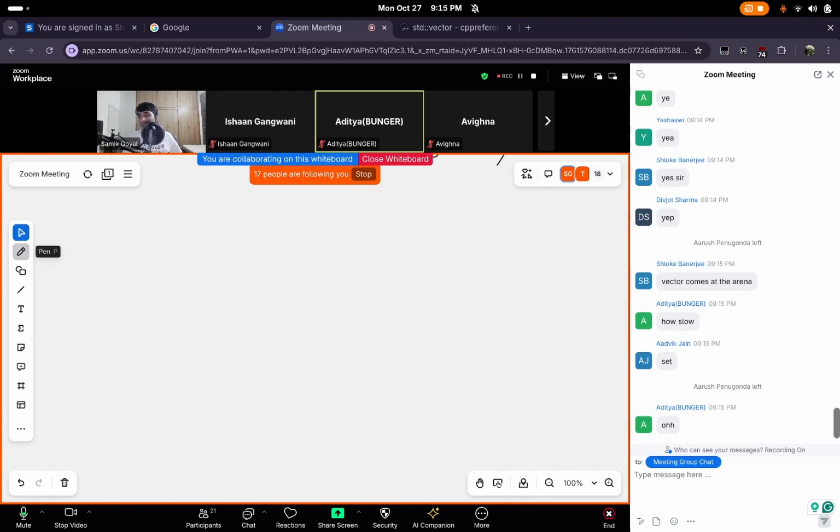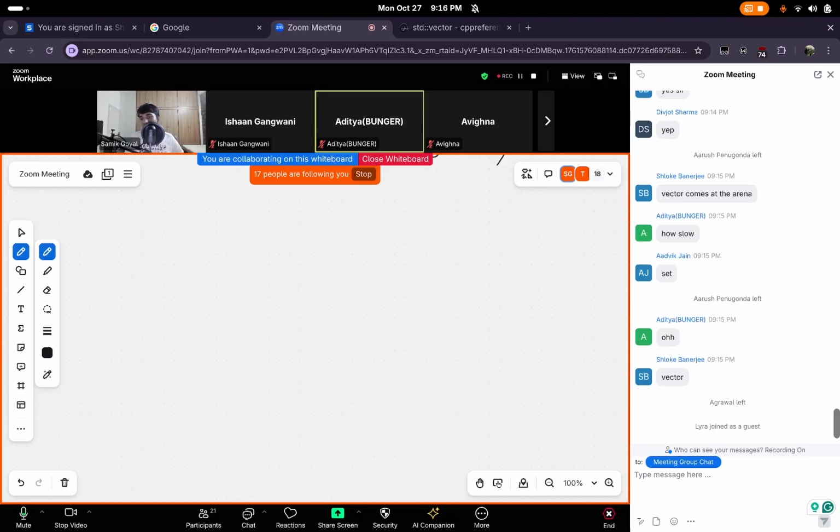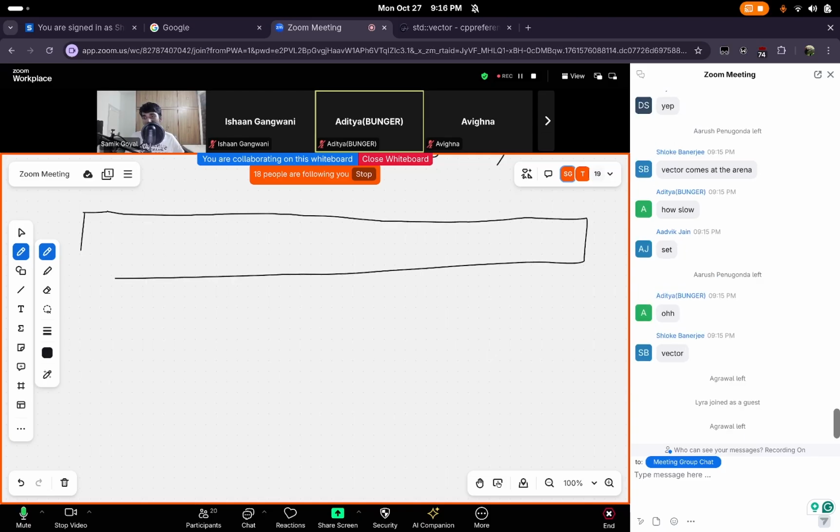Okay, so now this is a little low level. So if anyone feels like I went too fast, please stop me immediately, okay? Whenever I define an array in C++, what basically happens is inside my RAM, inside the system memory, my machine will allocate some amount of bytes in series.